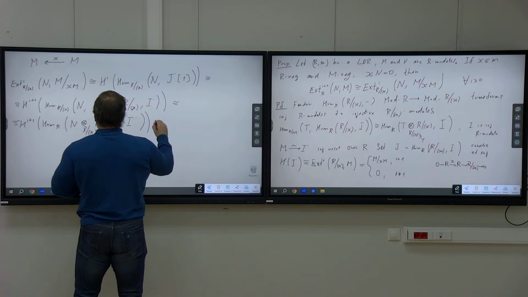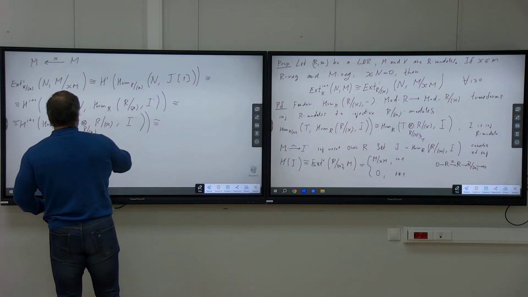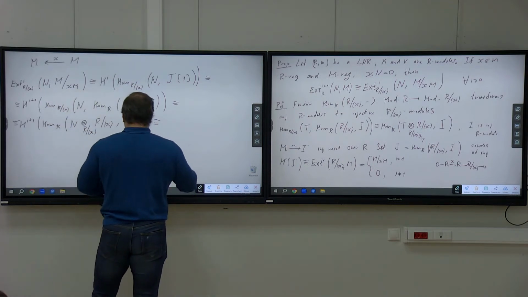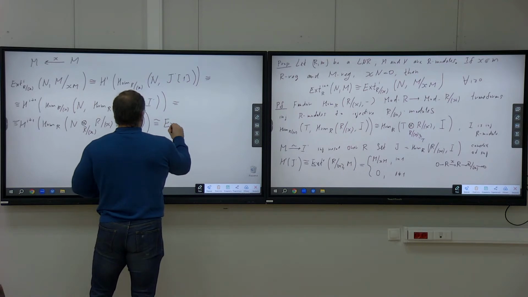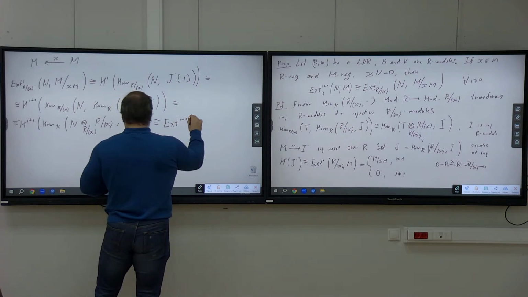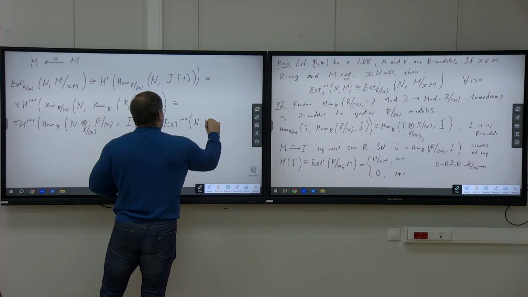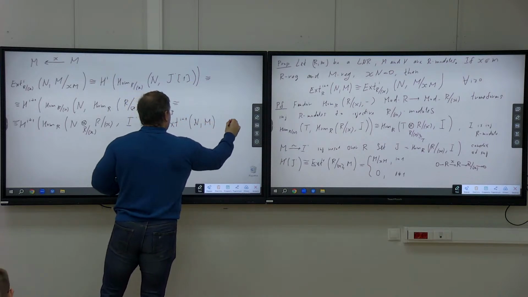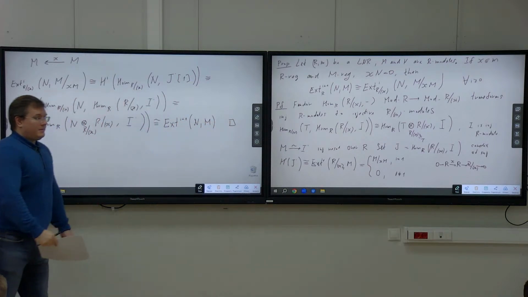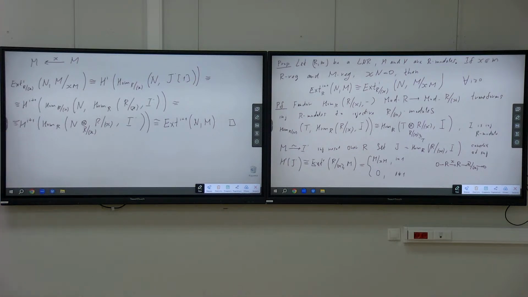And finally, this is of course, well again, I identified this first argument as just M, so what I have here is Ext with the index i plus 1 between N and M. Okay. Any questions about this last computation?